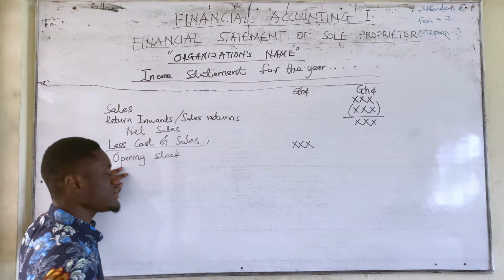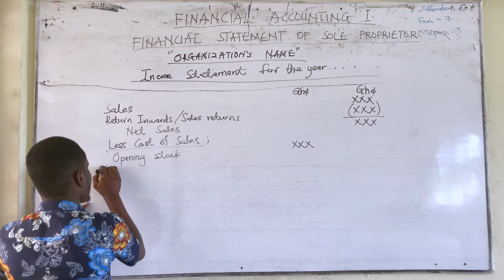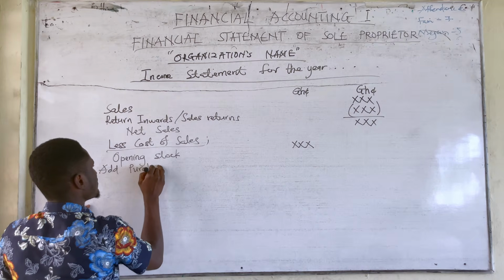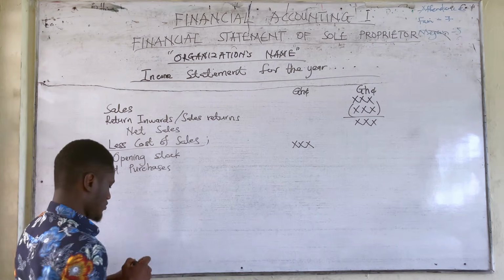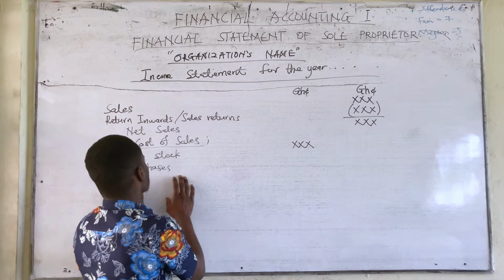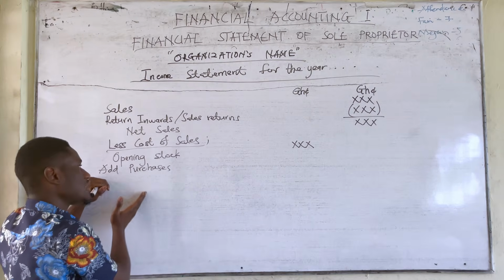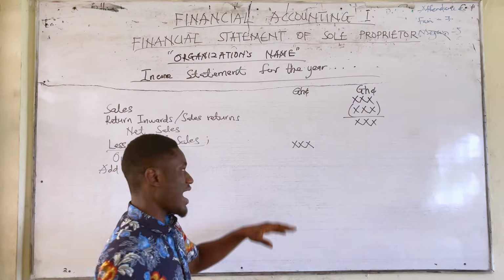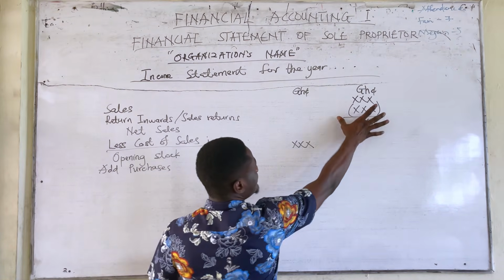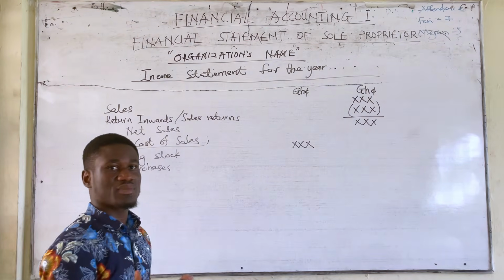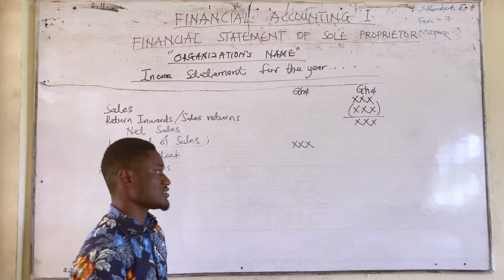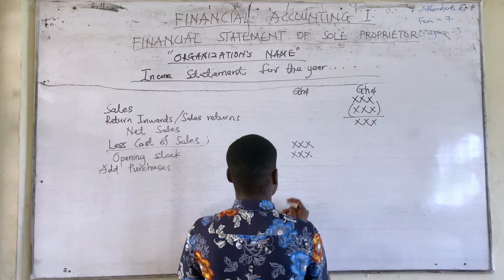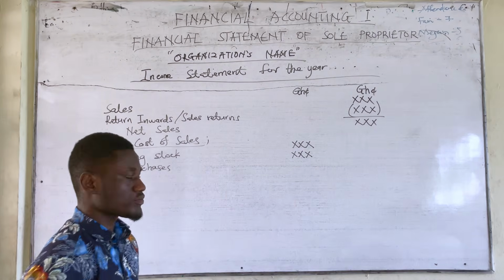Good. Then you come here to add purchases. Normally, we know that we add, but for you to know that we are adding, I just want to bring the add for you to know that we are adding those items. And the ones in brackets mean that we are lessing them. So we add our purchases to the opening stock.